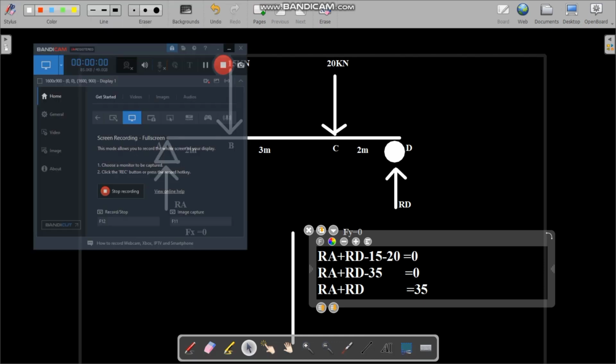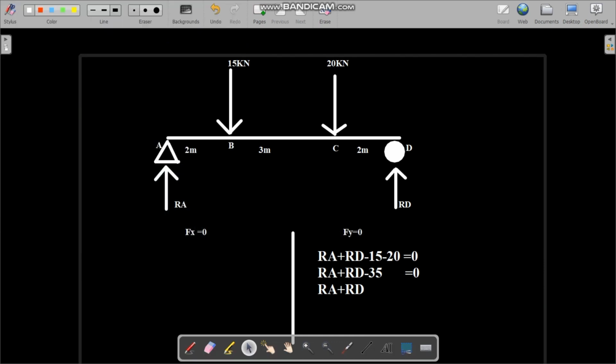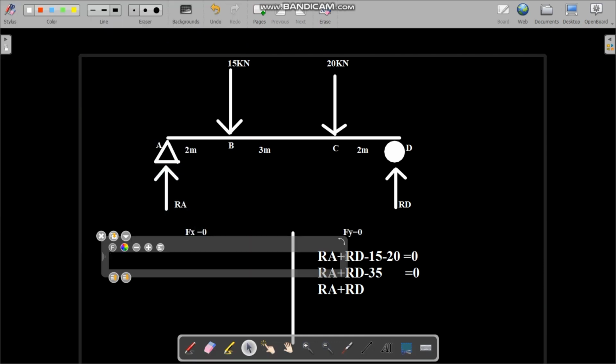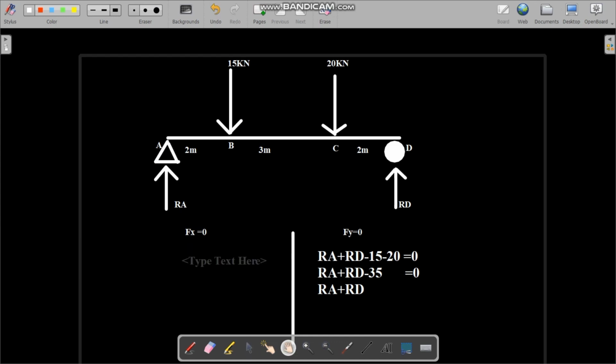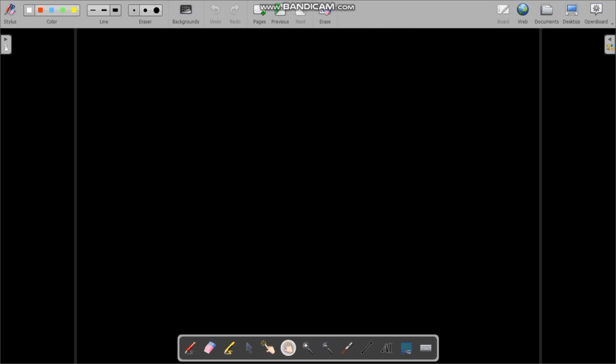So how can we evaluate the one value? We can evaluate it from its moments. We just start its moments, and then get the value of the reaction forces from it.